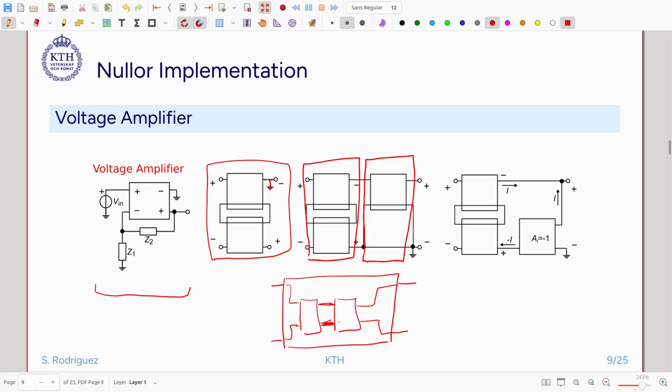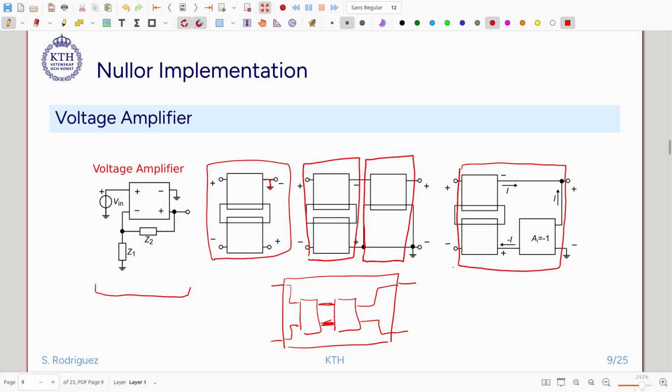Another alternative is to use the current mirror that we have discussed before: a differential stage with a current mirror. And we deal with this one as if it were a single stage, as I mentioned before.